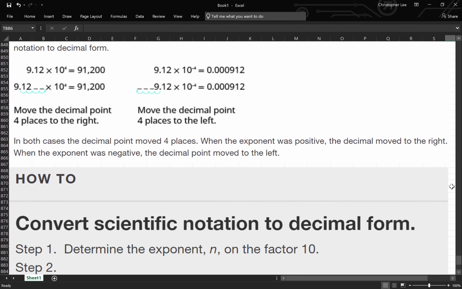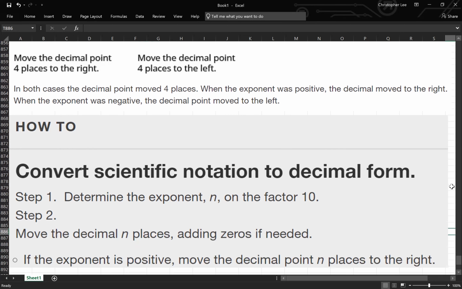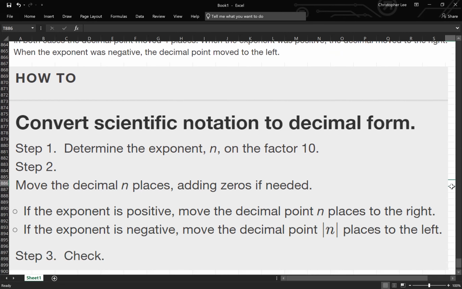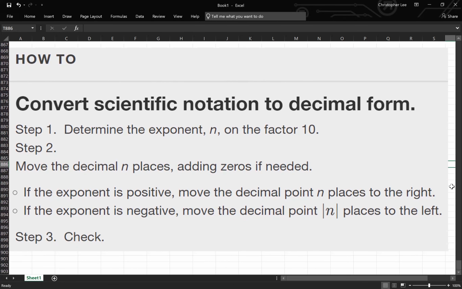Step 1, determine the exponent n on the factor of 10. Step 2, move the decimal n places, adding zeros if needed. If the exponent is positive, move the decimal point n places to the right. If the exponent is negative, n places to the left. Step 3 is to check. Let's try this out.